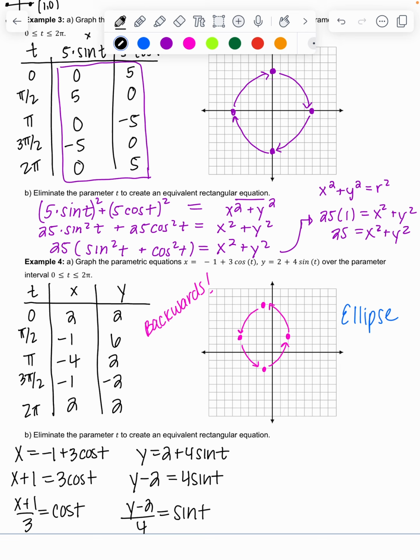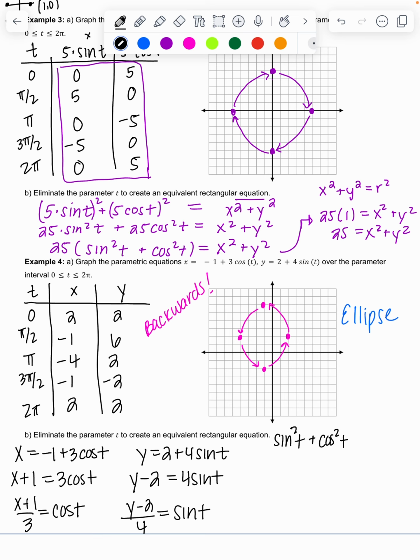The reason I can do that is because now I can think about it in terms of squaring. I still need to get sine and cosine out of my equation, but in order to square those, for my Pythagorean identity, I don't want x squared plus y squared. I know the Pythagorean identity is sine squared plus cosine squared.